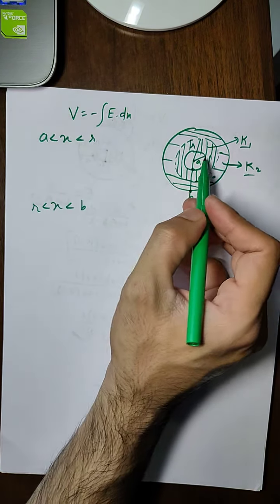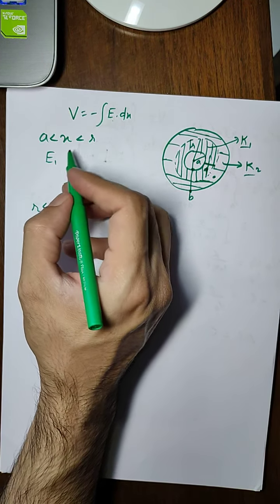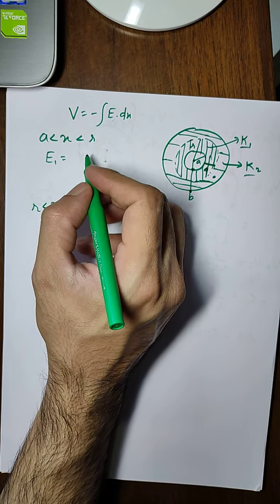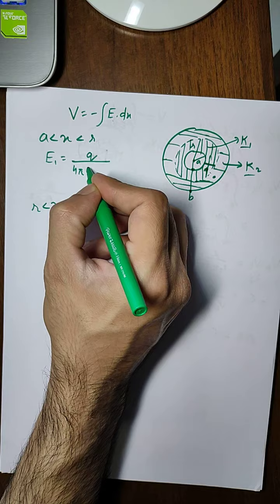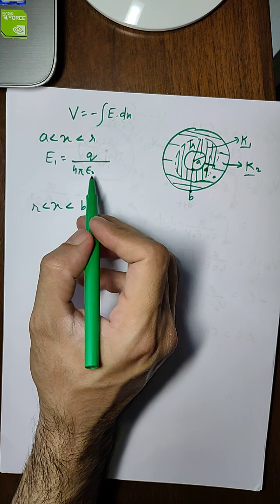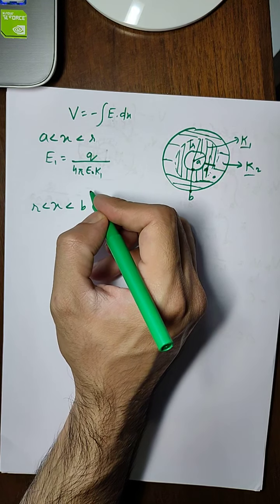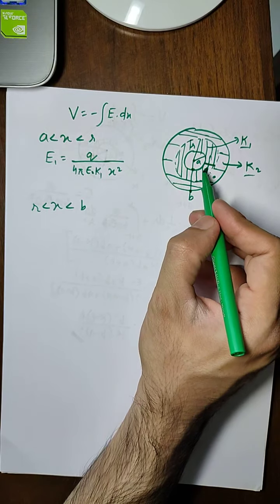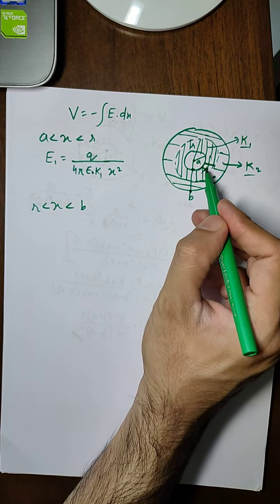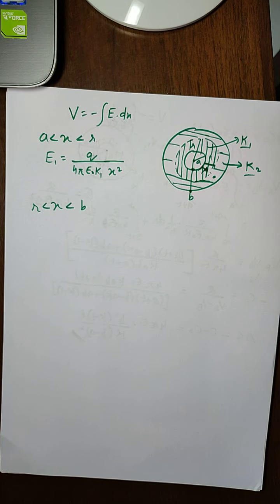Now for this, let us say the electric field in this region is E1, and the expression will be Q upon 4 pi epsilon naught, where epsilon naught is the permittivity of free space. Since we have dielectric of constant K1, it will be multiplied by K1 into x square, the square of the distance x. So this is the formula for E1.